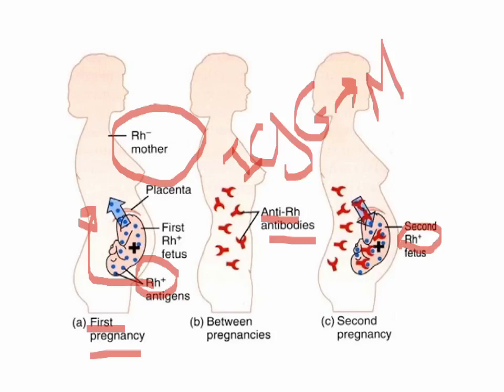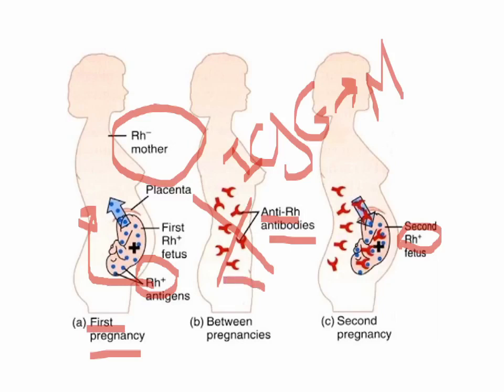So in order to avoid the occurrence of this disease, during the first pregnancy, at delivery time, when the placenta detaches and mixing of the blood of the mother and the fetus occurs, the body will get exposed to the Rh antigen or the D antigen. In order to avoid the formation of antibodies by the body of the mother, you have to give her ready-made antibodies.